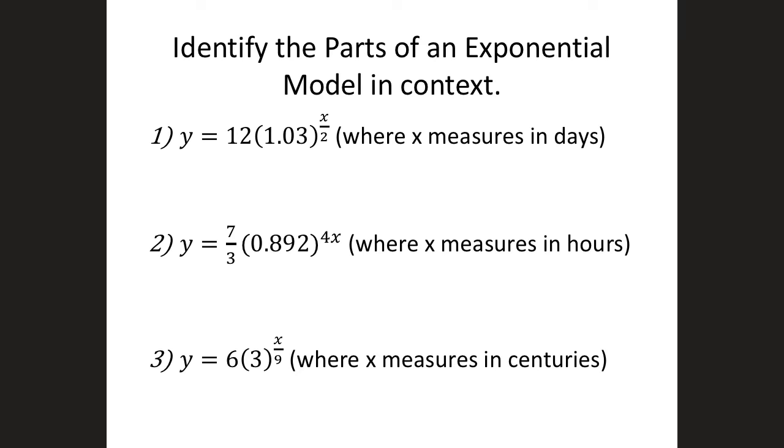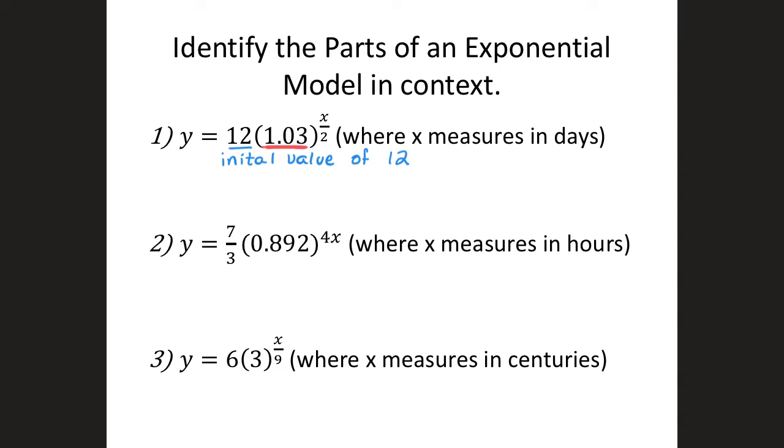Okay, so let's take a look at some of our key features. The number out front is always your initial value. Your multiplier tells you whether this is an increase or decrease.